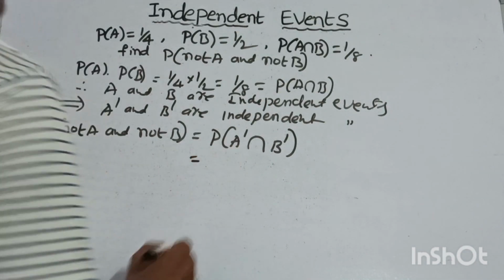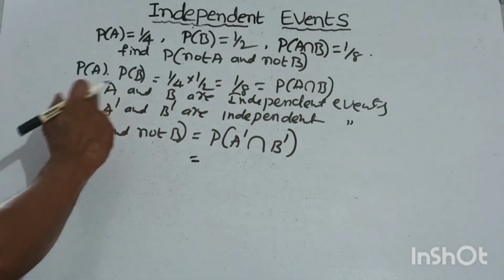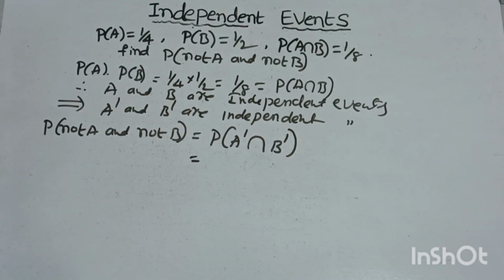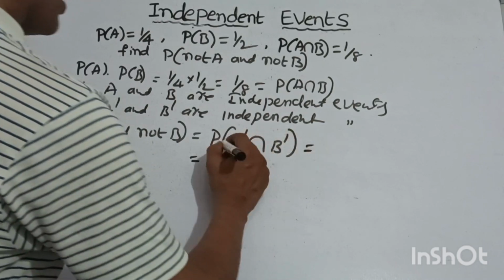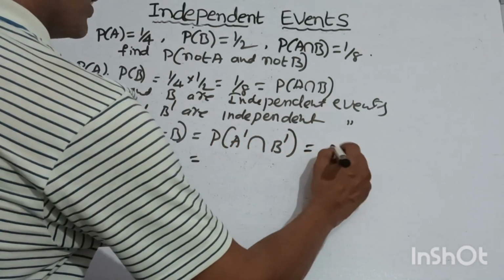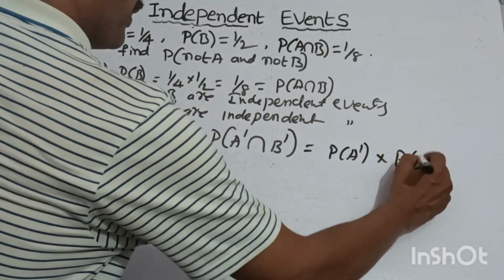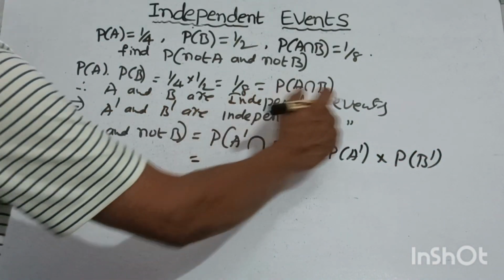Since A and B are independent events, A complement and B complement are also independent events. Therefore, probability of A complement intersection B complement is equal to probability of A complement into probability of B complement, because A complement and B complement are independent events.